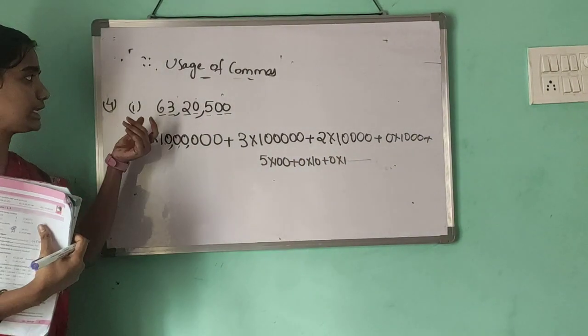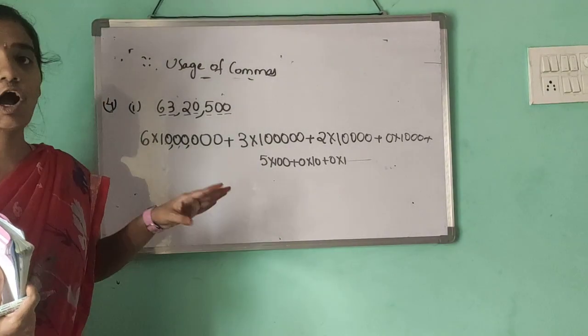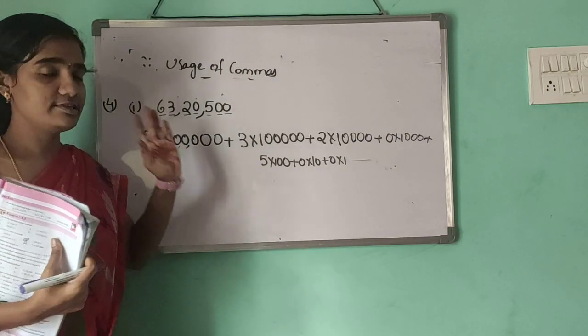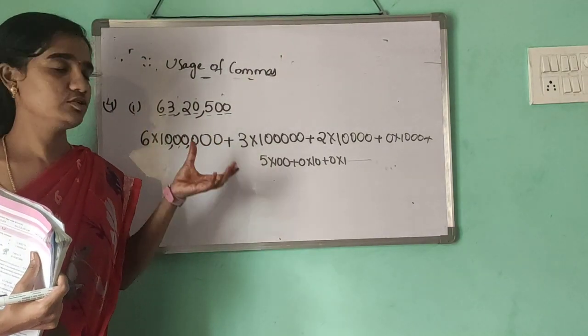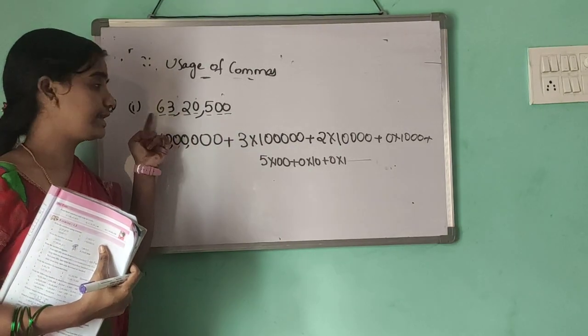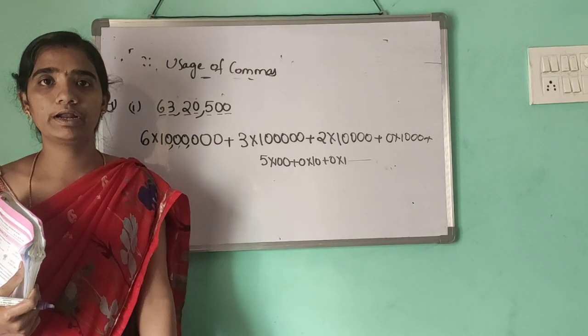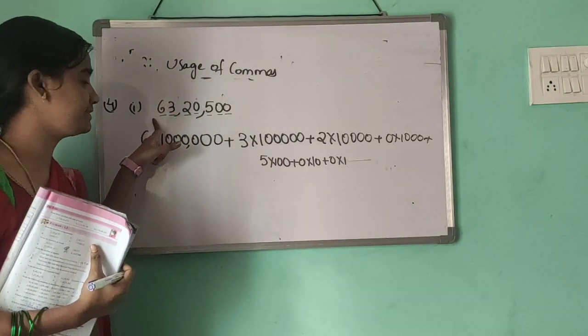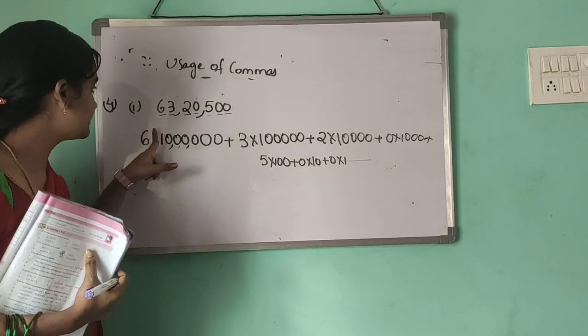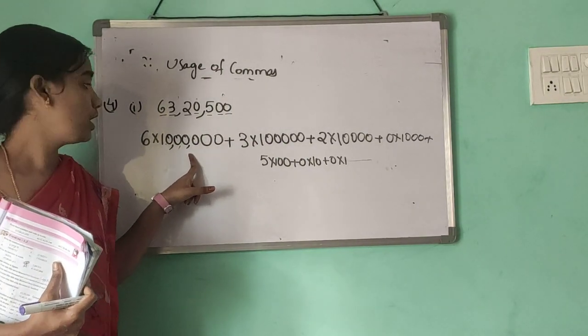See, here we can observe. First you have to check the given number. How many digits are there? Which place is there? Which digit? So ones, tens, hundreds, thousands, ten thousands, lakhs, ten lakhs. In this, we have to expand the given number, 63 lakhs. The first number is in the 10 lakhs position, so 6 into 10 lakhs. 10 lakhs has 6 zeros.